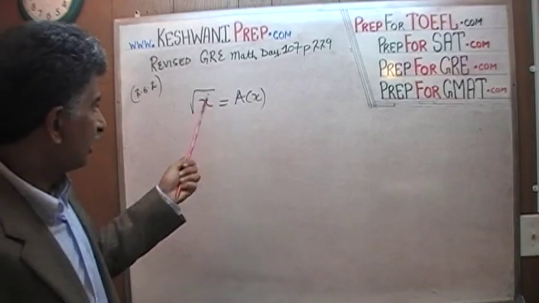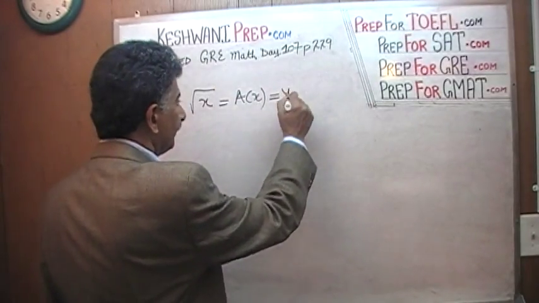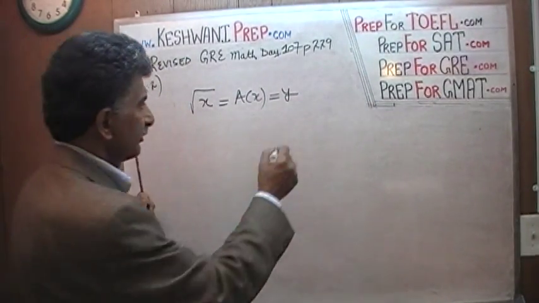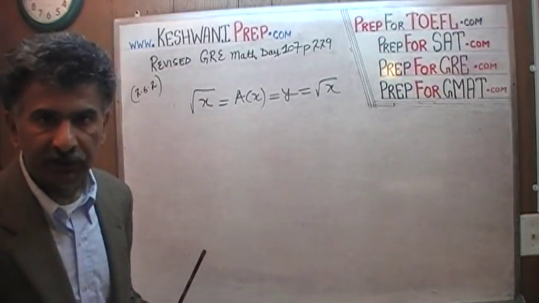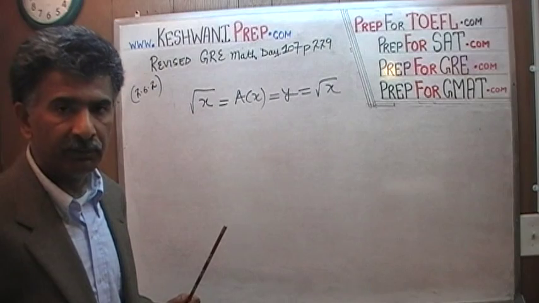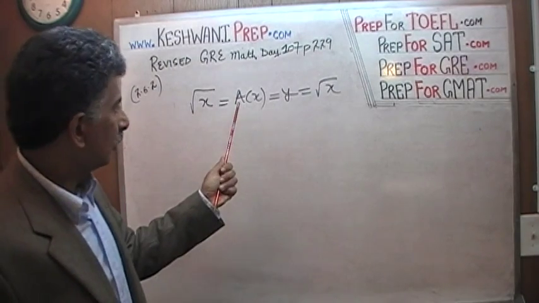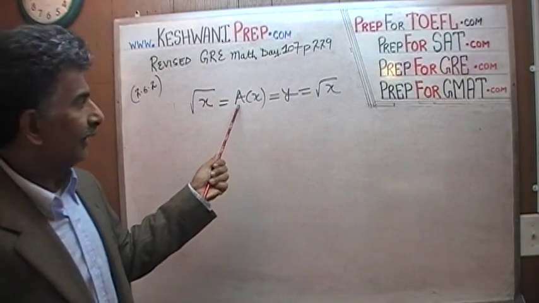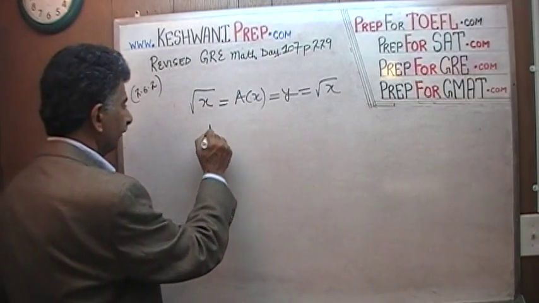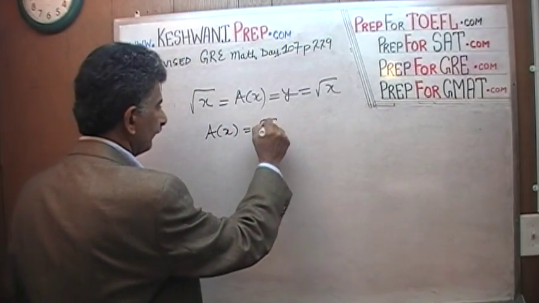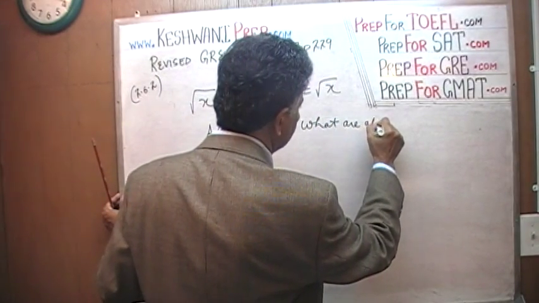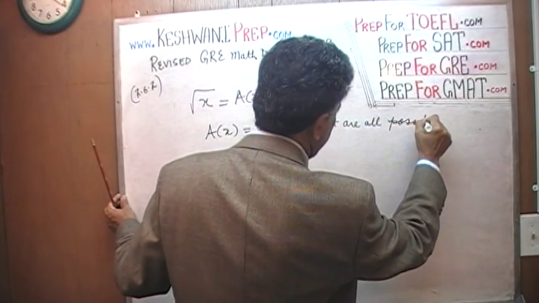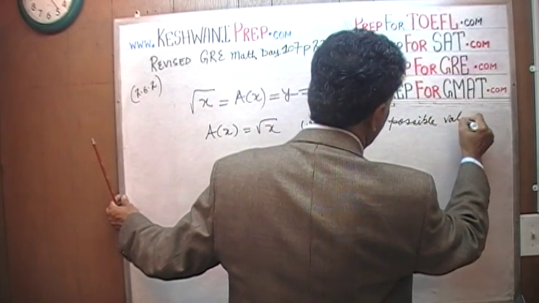If you're going to jump around and you don't understand things, that's your problem. Here, there is a relationship between some variable y and some variable x. The relationship is like this: y equals square root of x. We're giving this relationship a name, we're calling the relationship A. In this relationship, in A of x, what are all possible values of x?